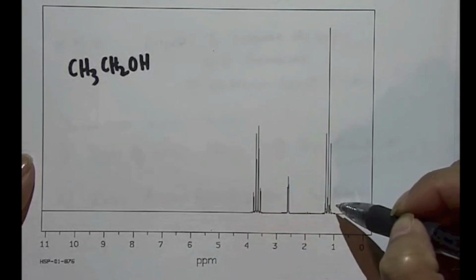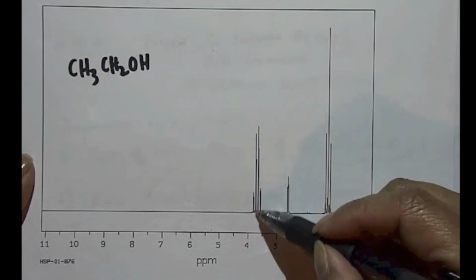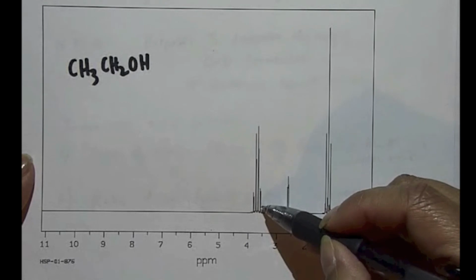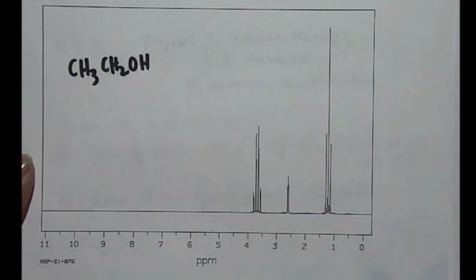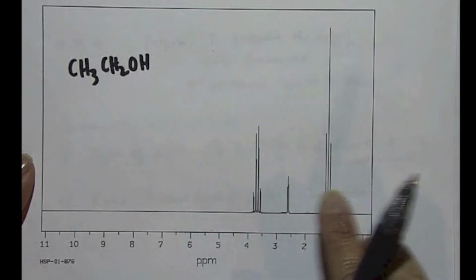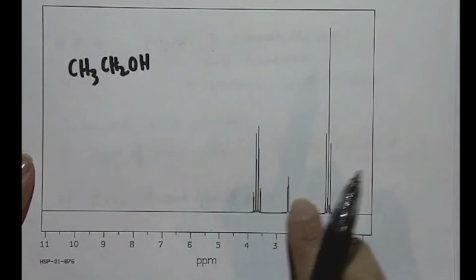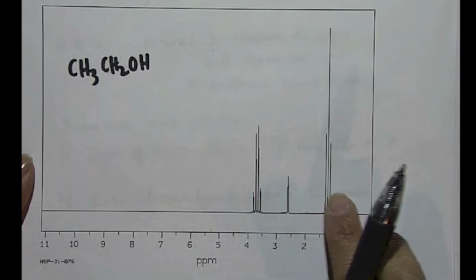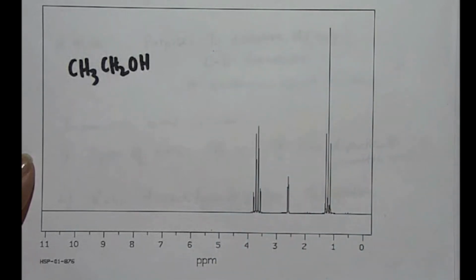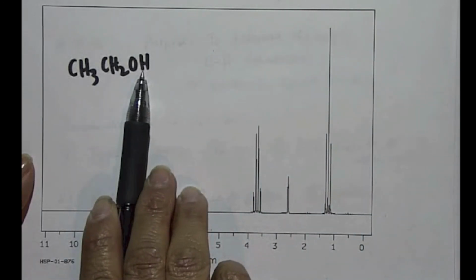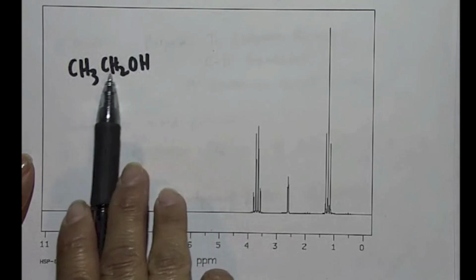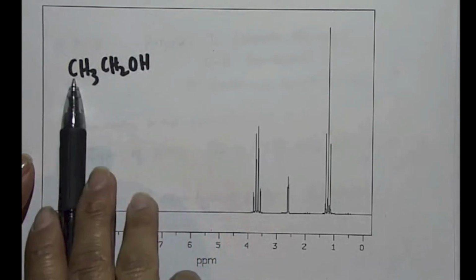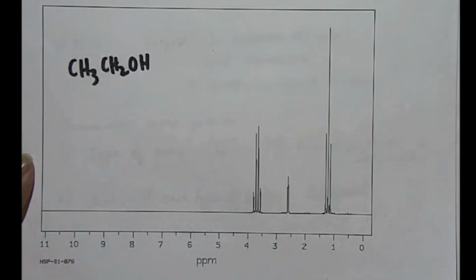So I have three types of protons, and the area underneath, which is called integration, represents the ratio between this type and this type. We look at the area of this and compare that to the area of this and compare that to the area of that. That's how we figure out that I have only 1 OH, 2 CH2 protons, and 3 CH3 protons.